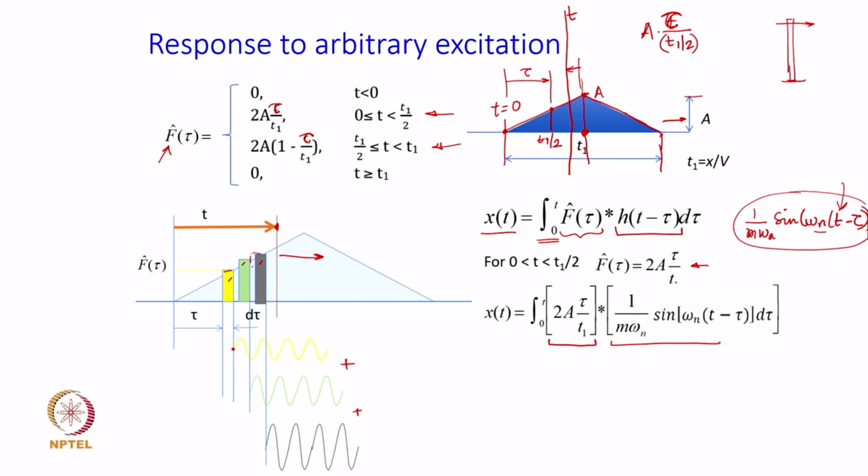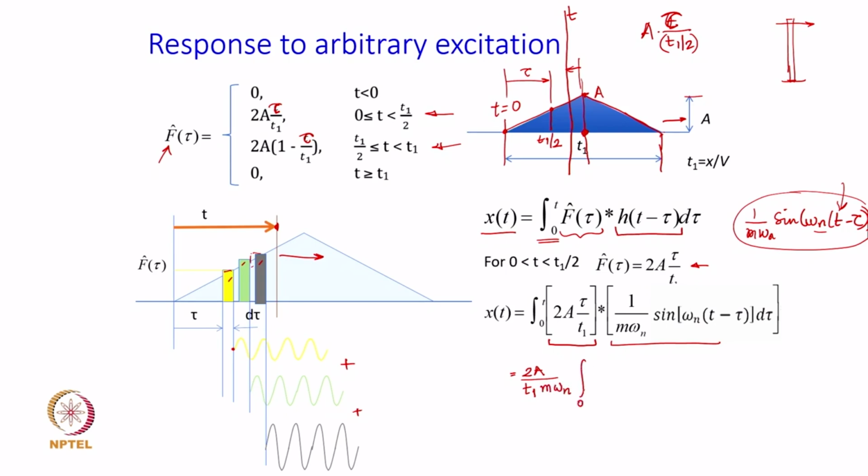So, when you solve this, what are the constants here? The constants are 2a. Is t1 a constant? Yes, t1 is a constant value, it is a part of the total time of the excitation, which is a fixed value. So, t1 is constant, m is constant, omega n is constant.